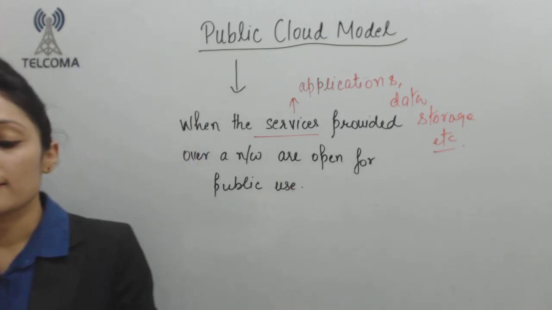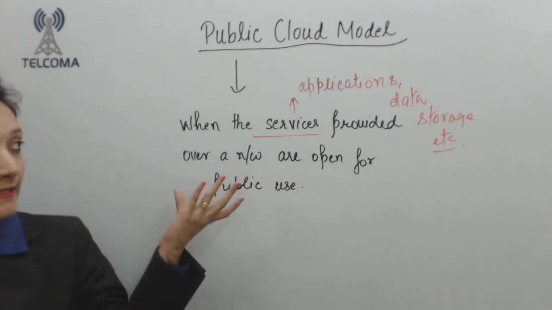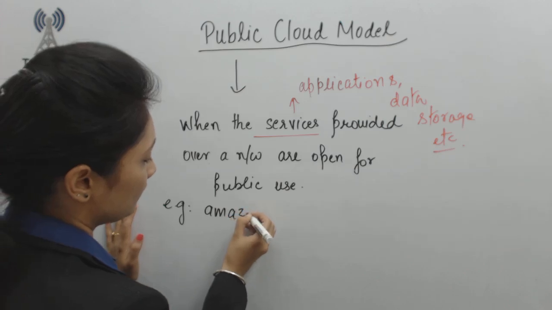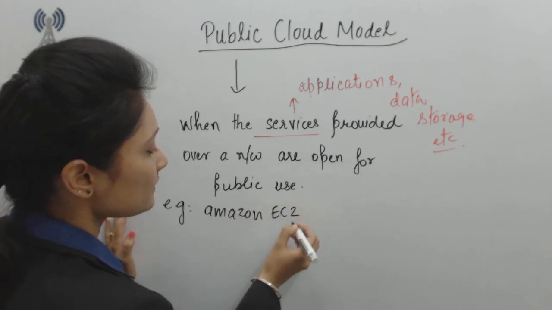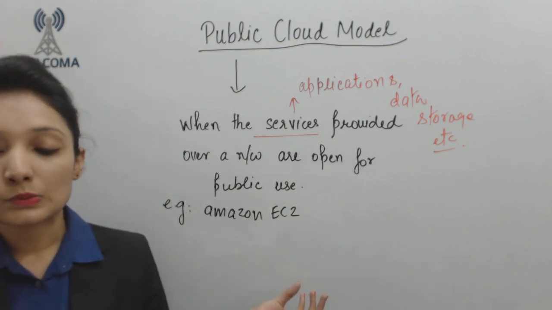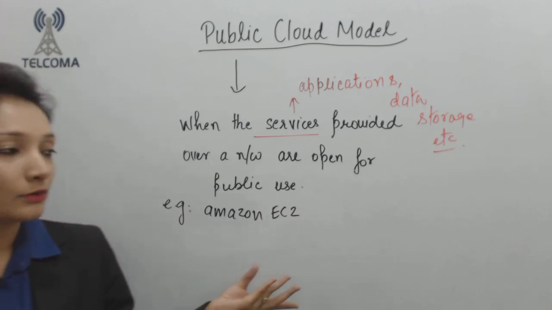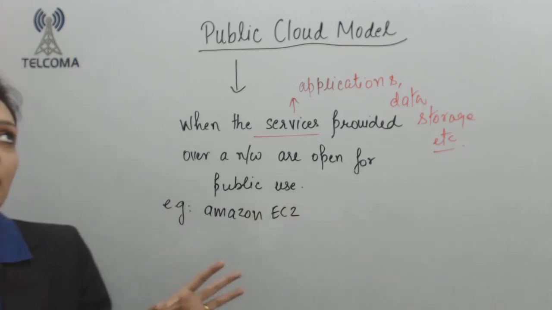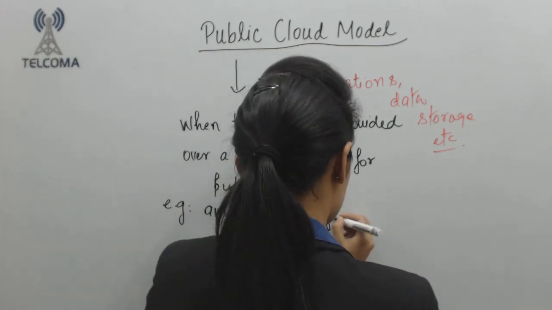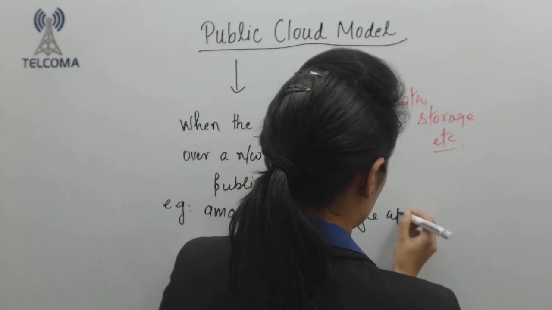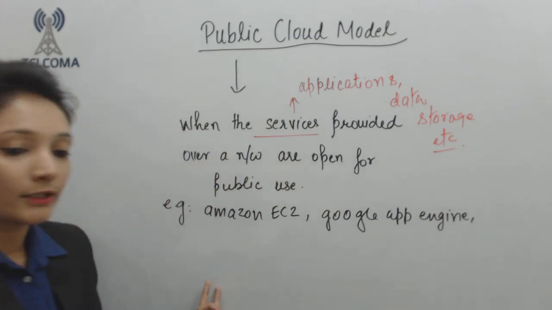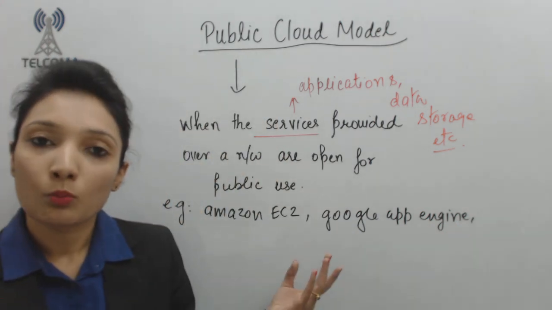Like we have various services like Amazon EC2, that is your Elastic Compute Cloud, and Microsoft offers cloud services via the internet. Other examples of a public cloud model are Google App Engine, or IBM's Blue Cloud.